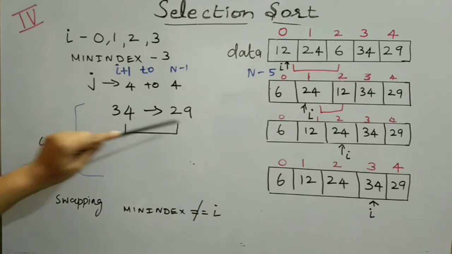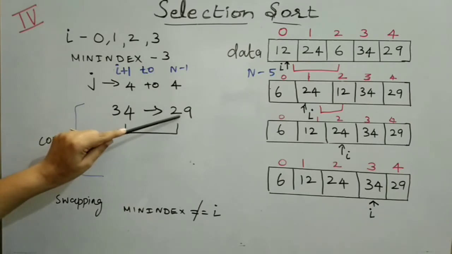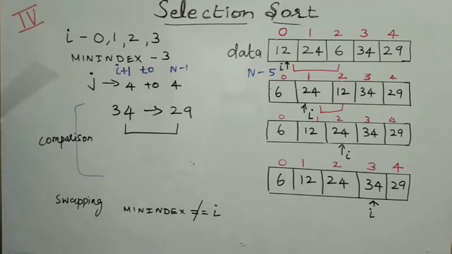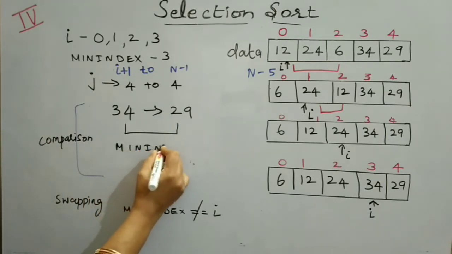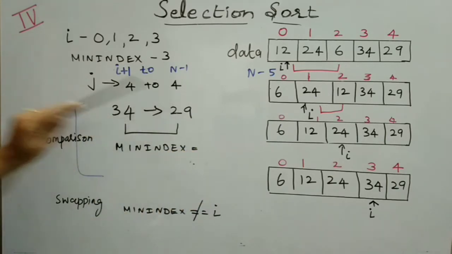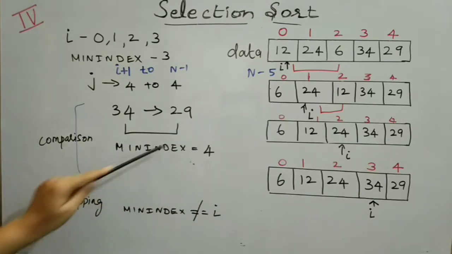In the comparison, if the element in the minimum index position is greater than the element in the jth position, then minimum index will be the position j. Now minimum index is updated to point to the position of 29, that is 4. Why is this updated?